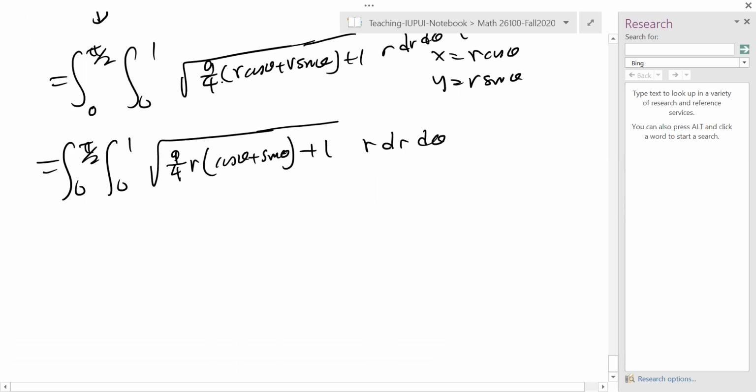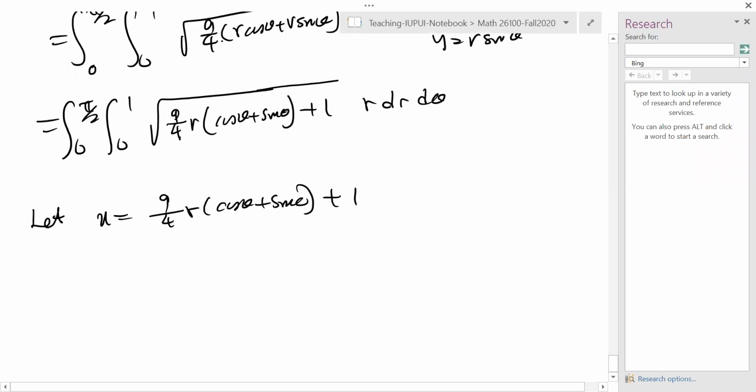Well, maybe we still can solve it. Let u be 9 over 4 r (cosine theta plus sine theta) plus 1. I'm trying to make it special.